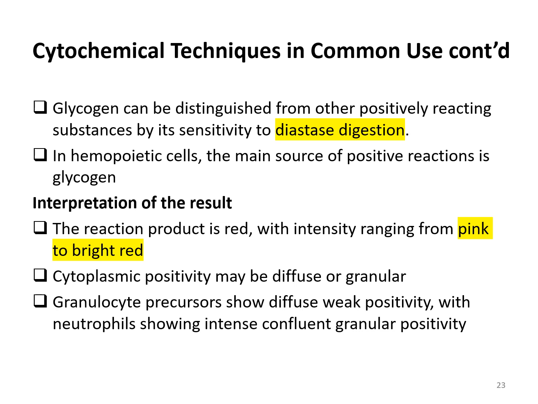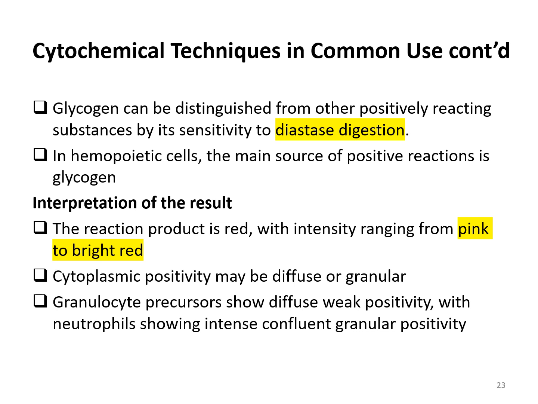If you want to distinguish glycogen, like in glycogen storage diseases, you can use diastase, another enzyme. The main positive reaction in hemopoietic cells is because of glycogen. We expect the color to be red.